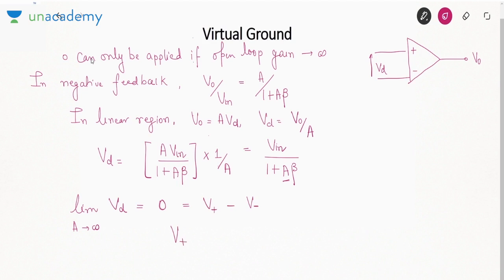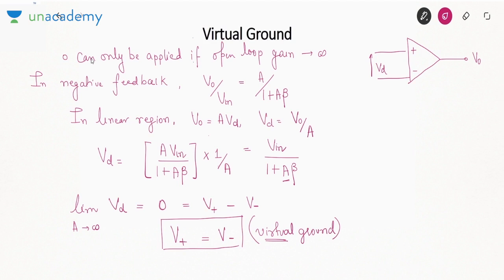So you can say positive terminal voltage is equal to negative terminal voltage, and this concept is called virtual ground. Virtual ground means approximately the voltage of both the terminals are equal. If the voltages are equal, what can we assume?